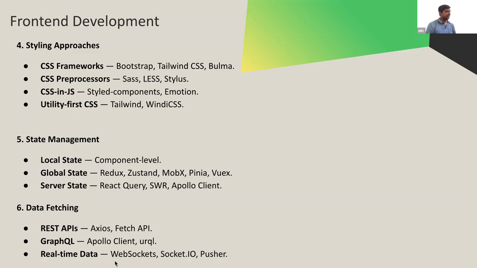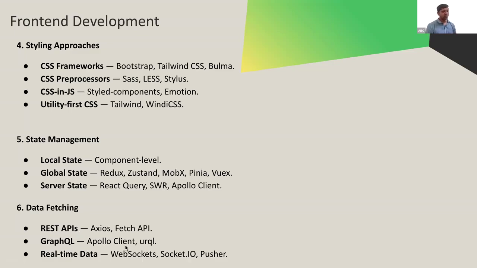Data fetching. The way I said, the request is made. Typically nowadays, almost every request that goes between client and server is through REST APIs. This has become a de facto standard for sending and receiving messages over the cloud.